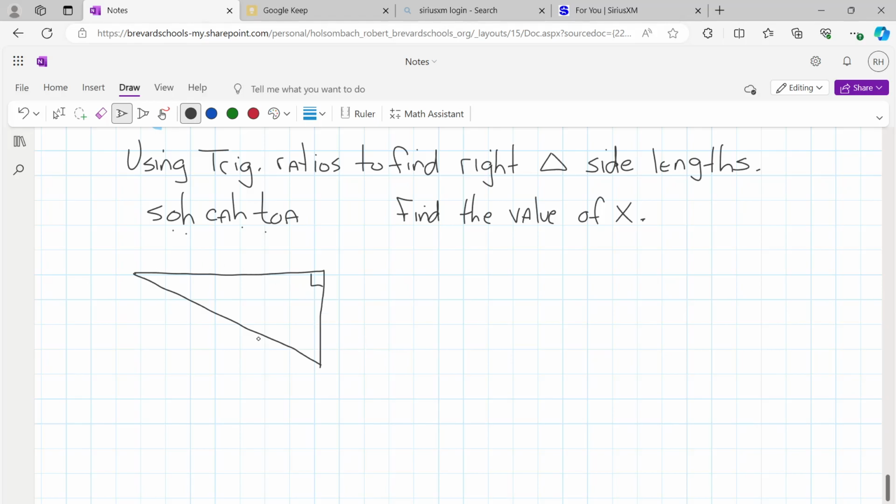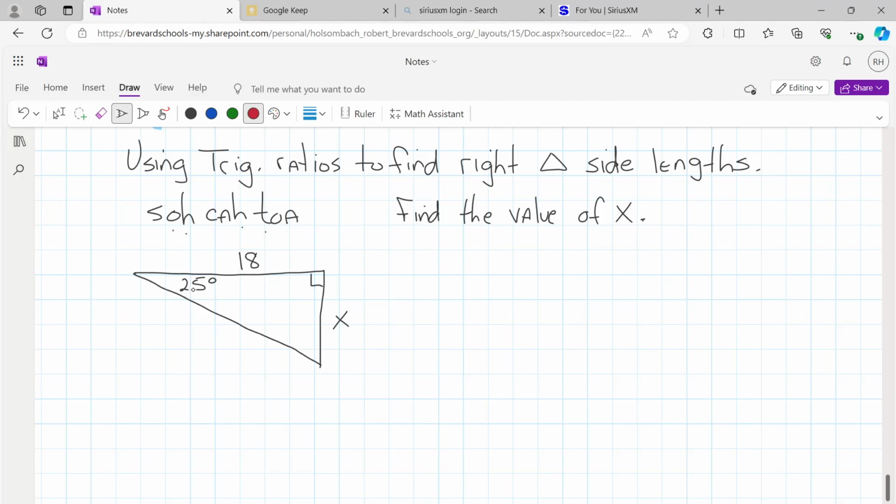So you're given this right triangle, you're given a 25-degree angle, you're given one side that's 18, and you have to find a second side. Now, the first thing that you do is, in relation to the angle given, I want you to label the two sides that you're working with.